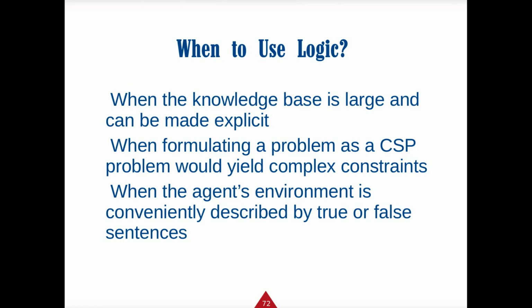So when do we use this type of logic for AI? When you have a large knowledge base with a lot of different rules, which can be explicitly made. A prime example for these knowledge-based, logic-based problems is medical diagnosis, because you have a set of rules and you can run a bunch of tests to prove things.